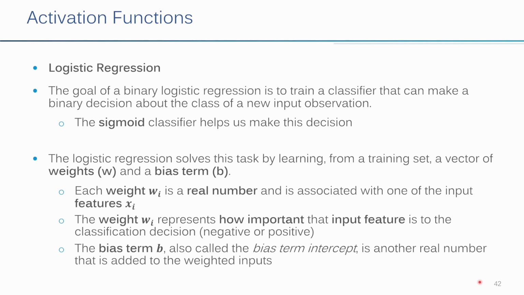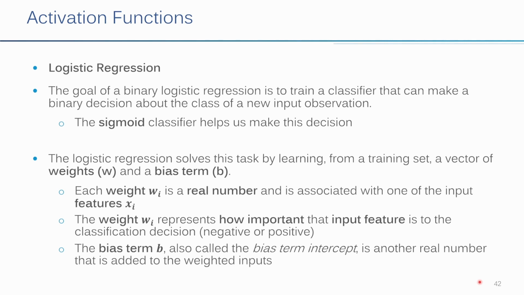Okay, so one of the most famous activation functions, I think we mentioned this already, is the logistic regression. The goal of a binary logistic regression is to train a classifier that can make a binary decision about the class of a new input observation.